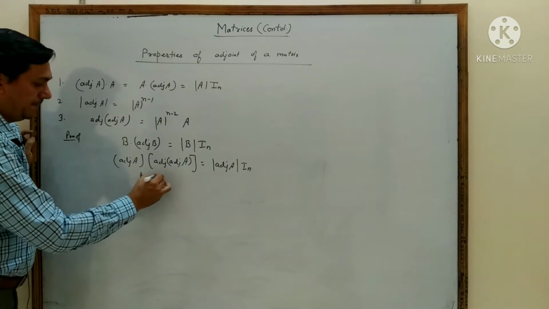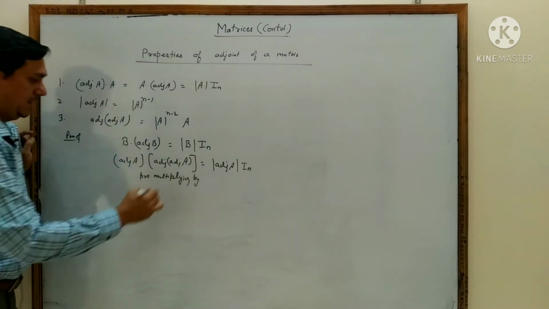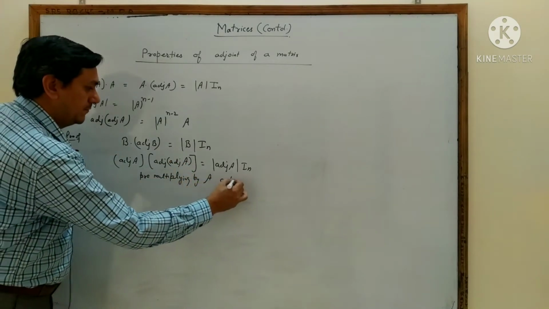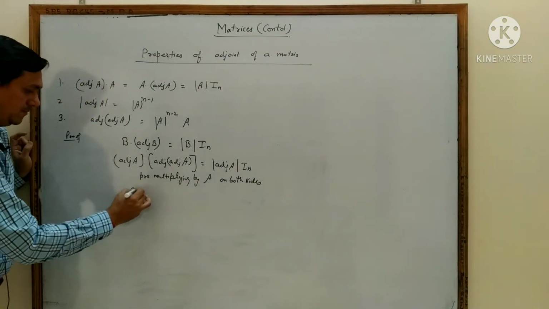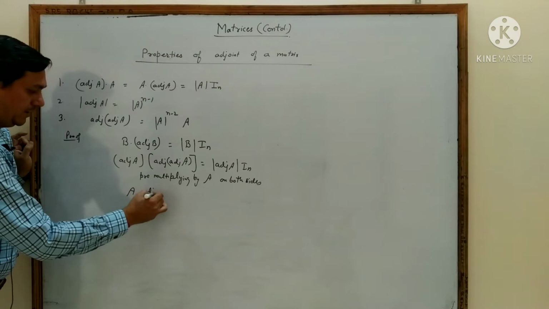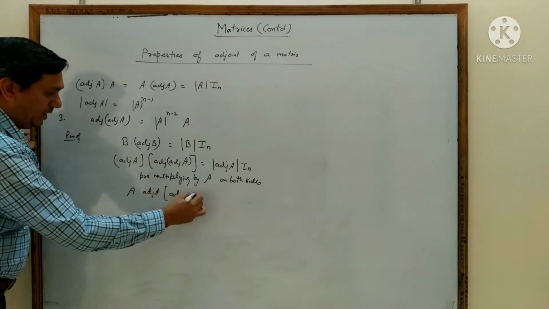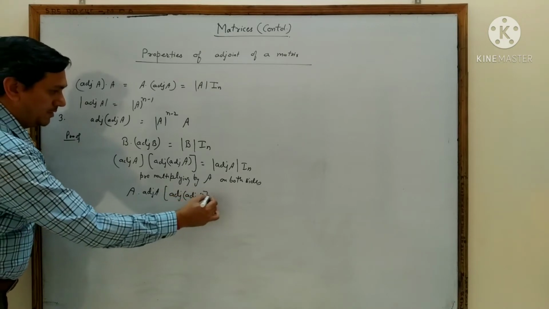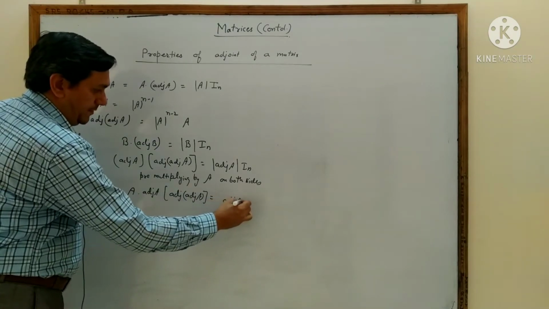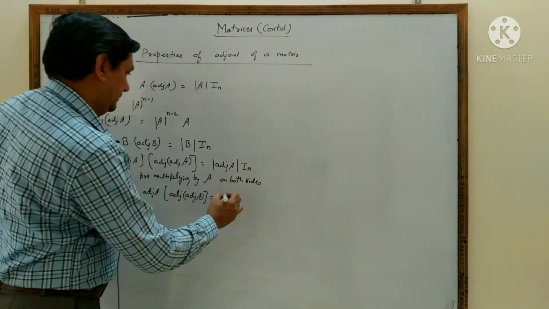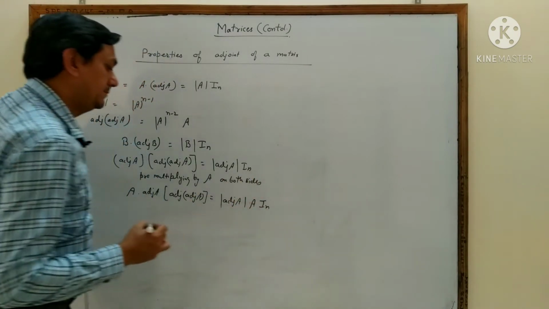Pre-multiplying by A on both sides, A multiplied by adjoint of A, adjoint of adjoint of A is equal to A multiplied by determinant of adjoint of A times In.